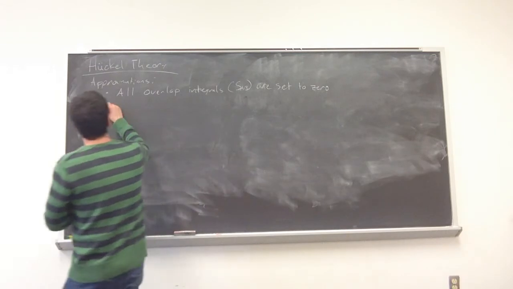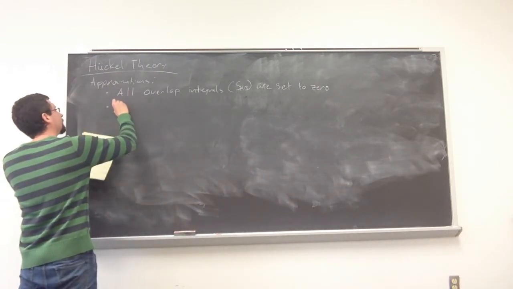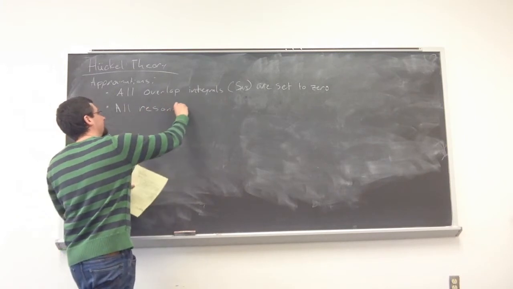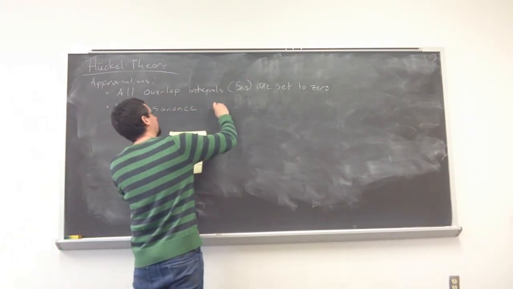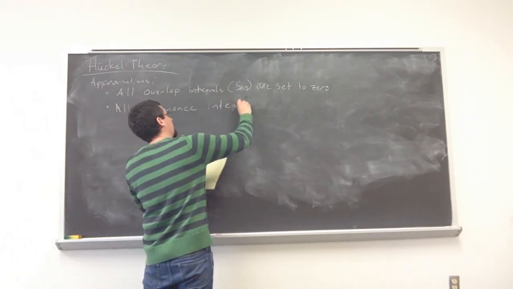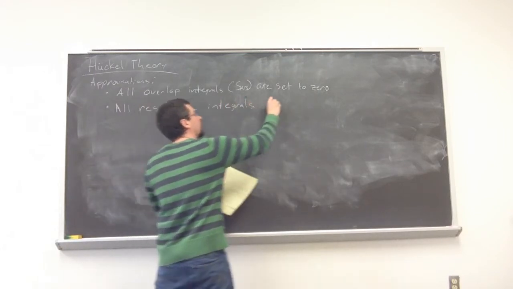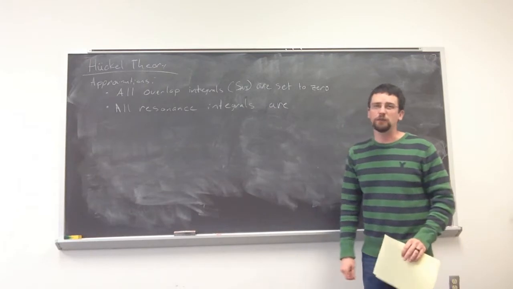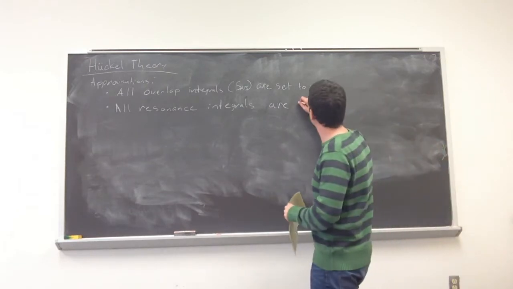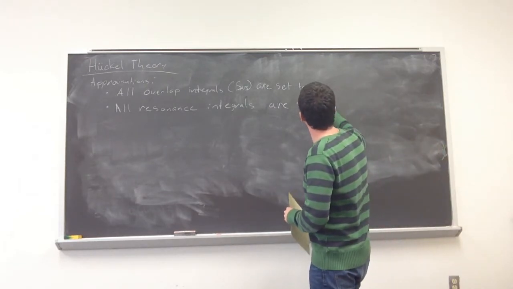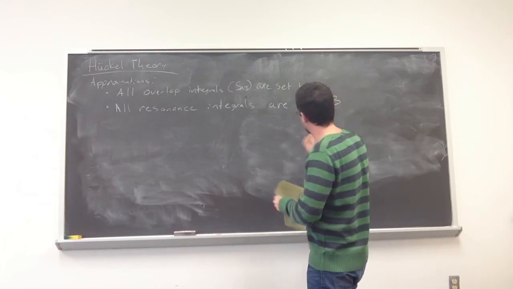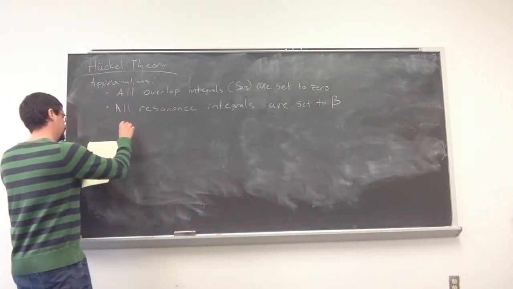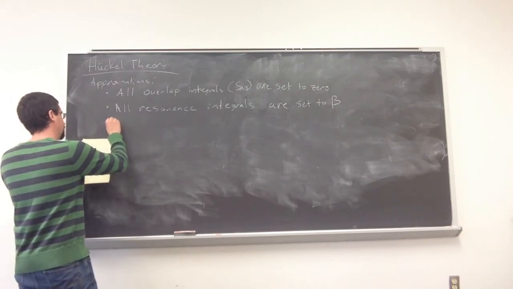The next has to deal with the resonance integrals. All resonance integrals are set to be equal. In this case, we give them the symbol beta. So they're all equal to one another.